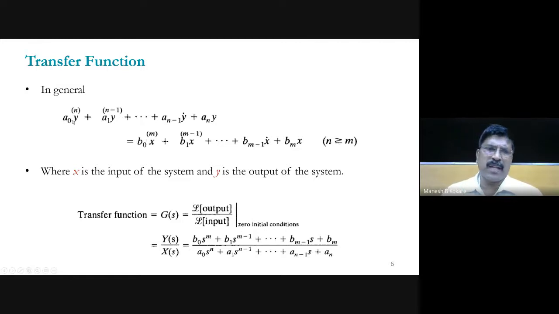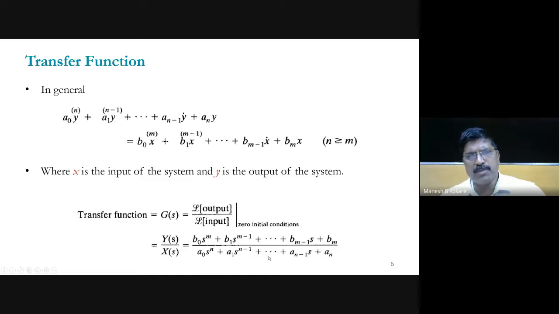Now, if you take the Laplace transform, you can find the value of Y of s by X of s, which is equal to b0 into s raised to m plus b1 into s raised to m minus 1 plus up to this one, and then divided by a0 into s raised to n, and so on.